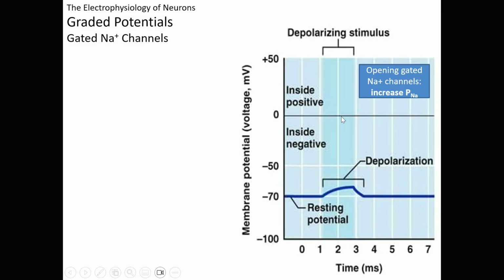So here we see this figure starts us at the resting membrane potential, typically around -70 in a neuron. Then they show that at time 1 millisecond, you expose this cell to a stimulus, and this stimulus caused the opening of gated sodium channels.